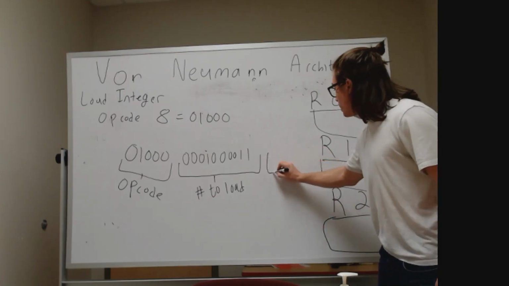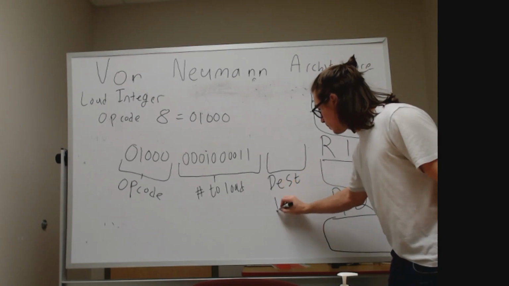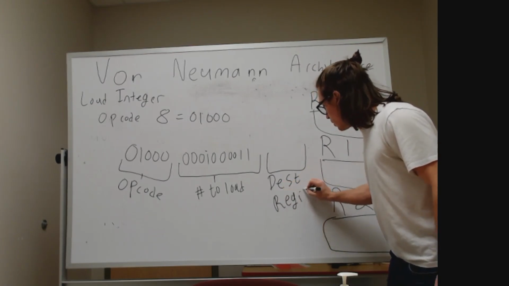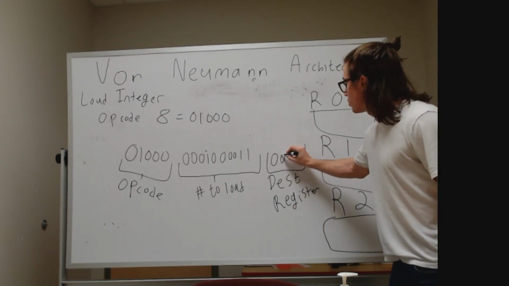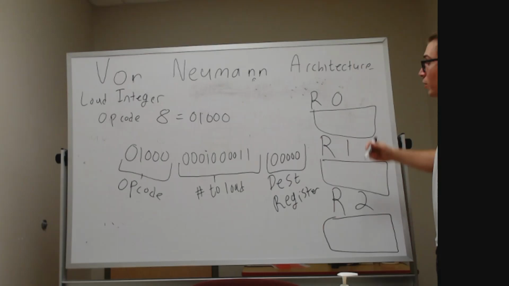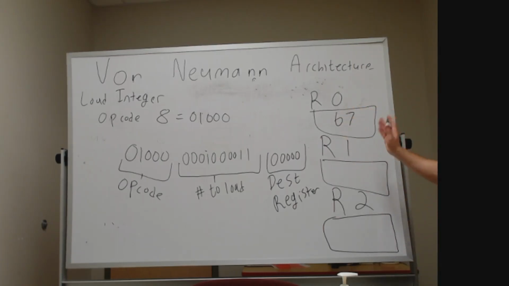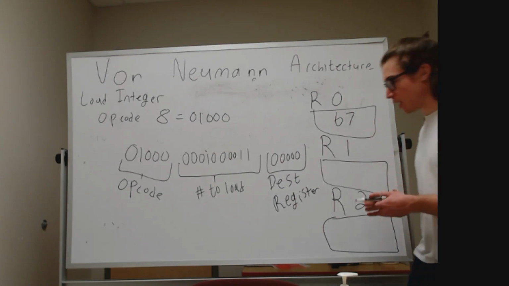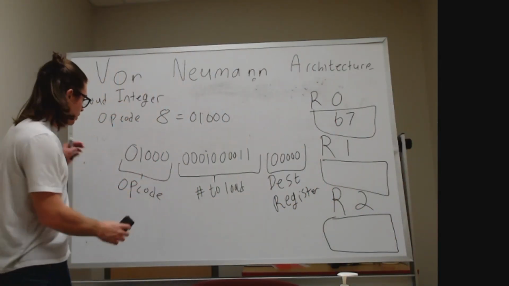And then the last place, the destination register, is still the same. So if we write in the destination register 5 zeros to mean register 0, then this would load the number 67 into register 0. Of course, it wouldn't be in decimal, it would be a series of high and low voltages again, but that's what it would look like.